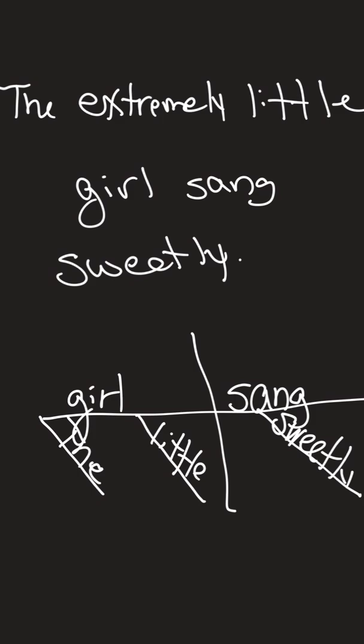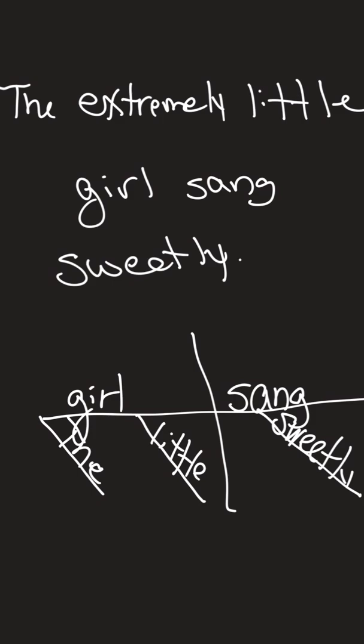So now let's go back to our sentence about the extremely little girl who sang sweetly. I've diagrammed everything that we already know how to diagram. The little girl sang sweetly. But we need to look at adding in the adverb that describes the adjective.